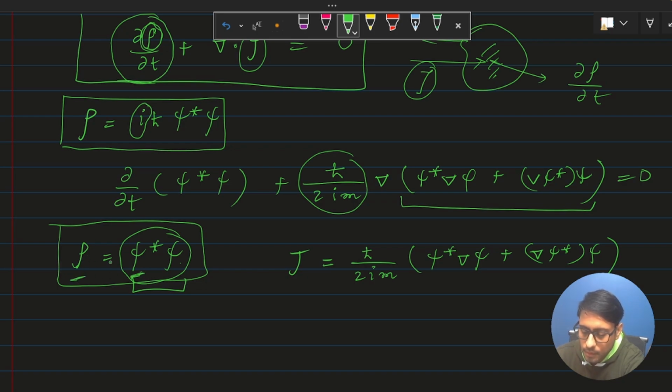This will give you the probability of finding the particle in a given region, okay. And by solving this Schrödinger equation, we get the structure of the electron, how the electrons are in a hydrogen atom or in helium or other atoms, okay.